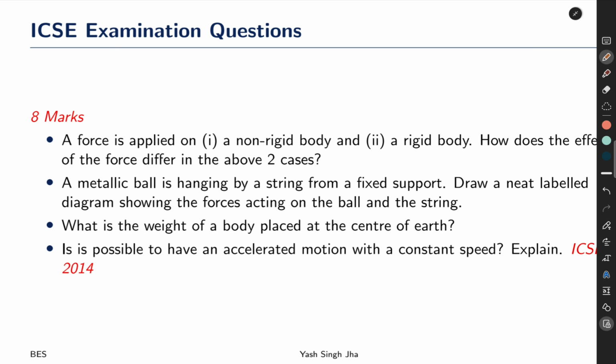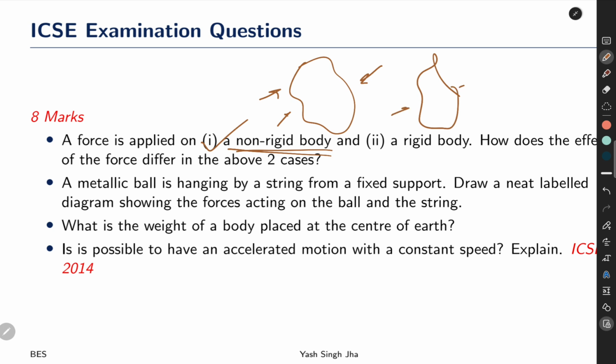Force is applied on number one, a non-rigid body, and number two, a rigid body. How does the effect of force differ in the above two cases? A rigid body means a force is applied and its dimensions do not change. Non-rigid body means force is applied and its dimensions change.